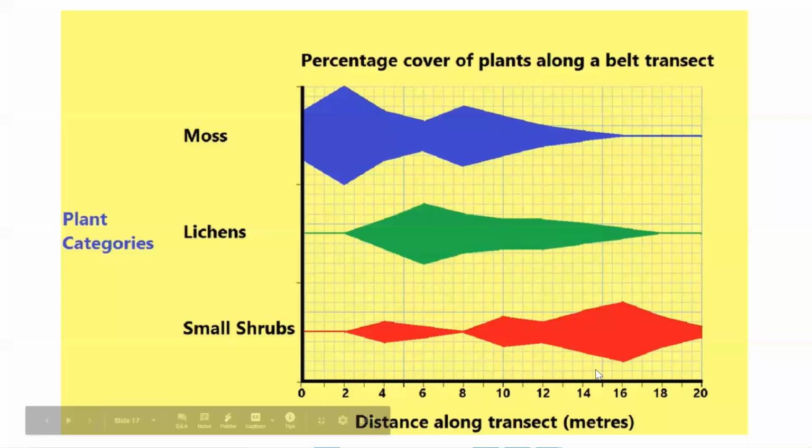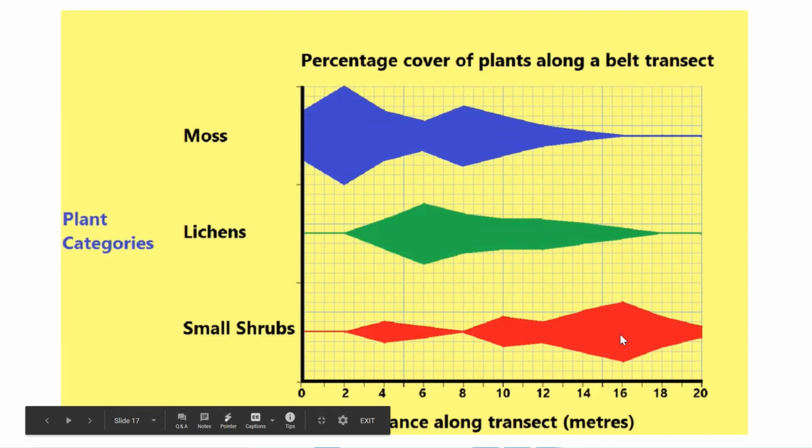So for this question, first I'm going to find where is my 16 meter mark on the x-axis. And for small shrubs, I'm seeing that from the central line, I will need a scale over here. Remember, if I'm asked by how much value, then I have to use a scale and measure this length. Say this length is 50 or 100%.